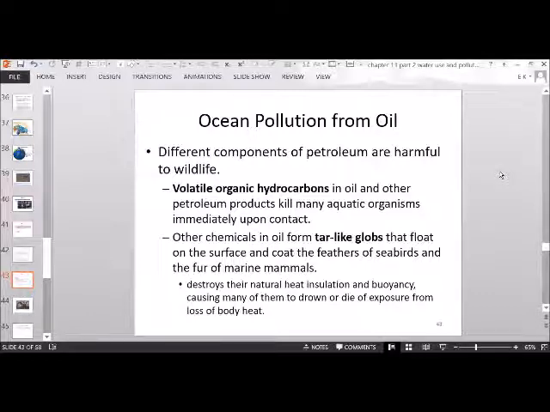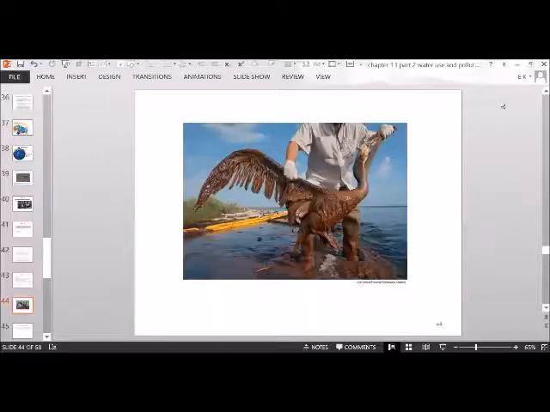Other chemicals in oil form tar-like globs that float on the surface of the water, and they could coat the feathers of seabirds and the fur of marine mammals. And then that actually destroys their natural heat insulation and buoyancy, and then the animals can drown or die of exposure from loss of body heat.